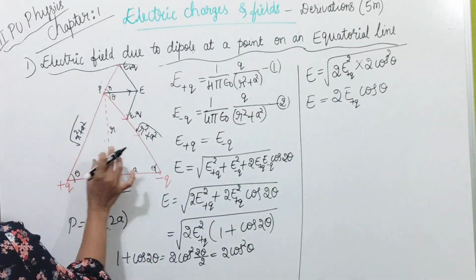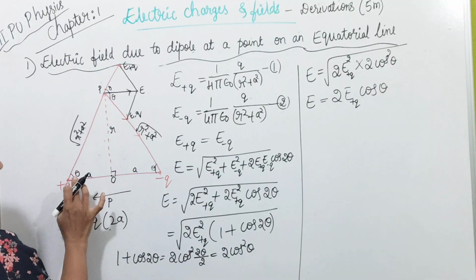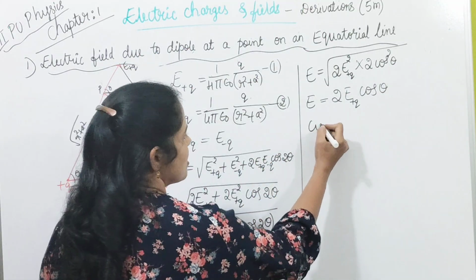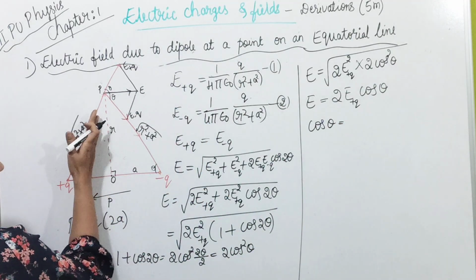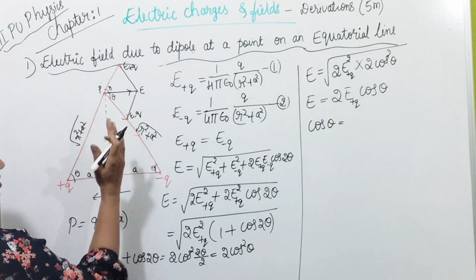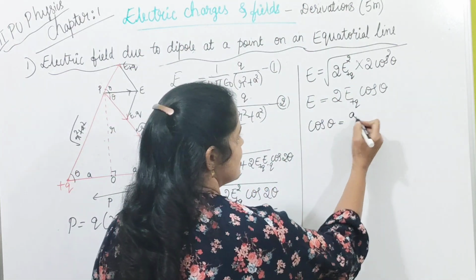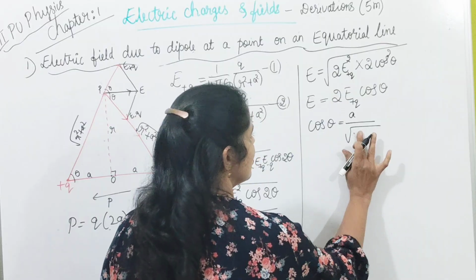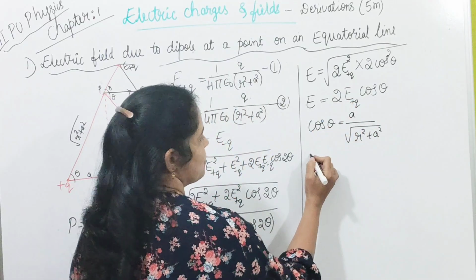Now let us use this right angle triangle. So here cos theta is adjacent by hypotenuse. So cos theta is equal to, so you can use any one of the right angle triangles, either this one or this one. Adjacent by hypotenuse. Adjacent side is A, hypotenuse is square root of R square plus A square. Let me substitute here.